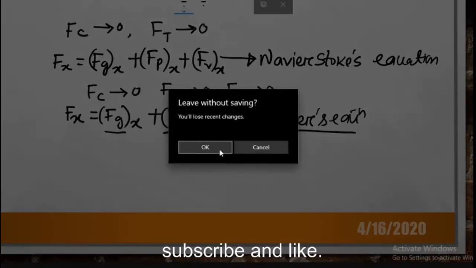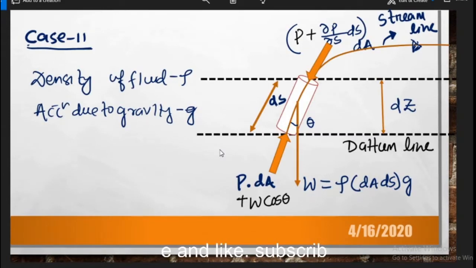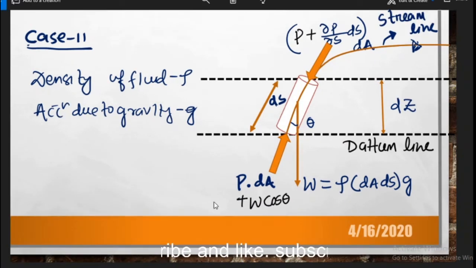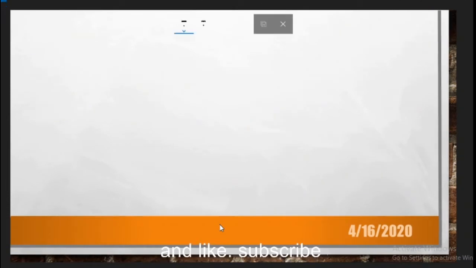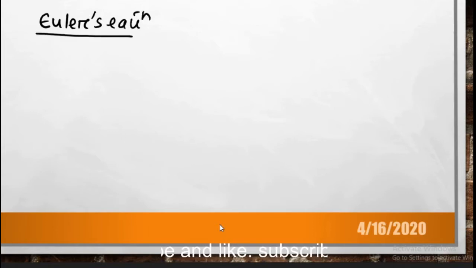Now if you consider a streamline, we are going to derive this Euler's equation.